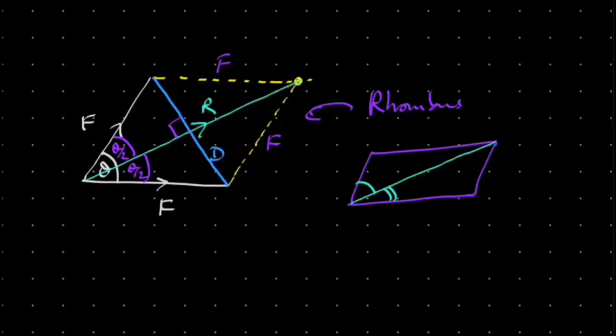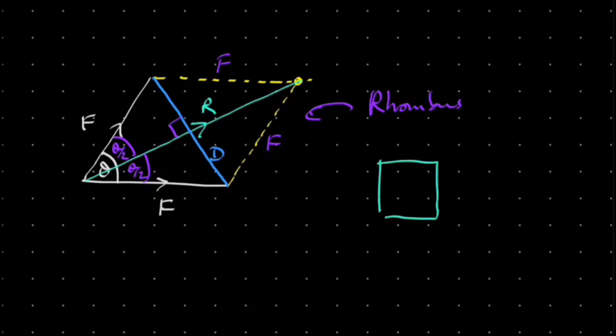In a rhombus and a square, that means when all the sides of the parallelogram are the same, that's a special property of a square and the rhombus. See, the angles bisect and the diagonals are perpendicular to each other too.